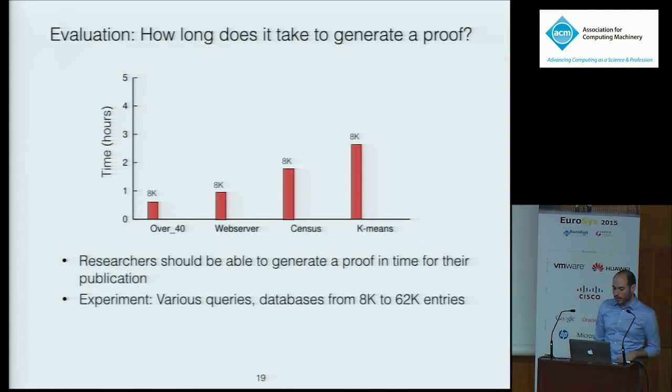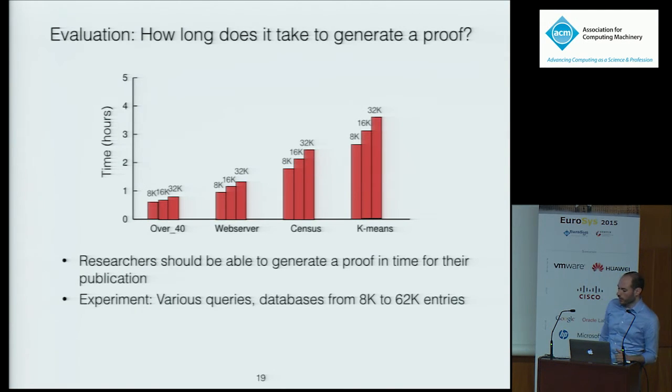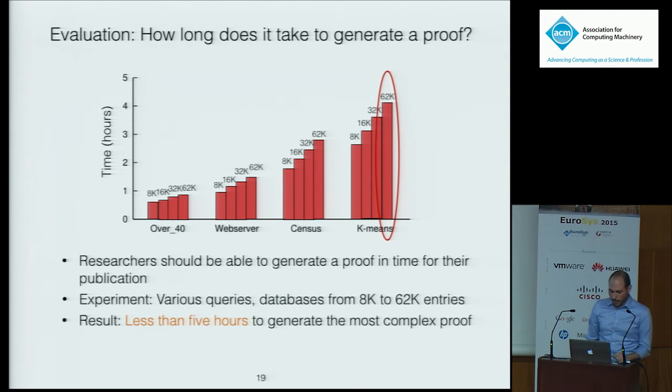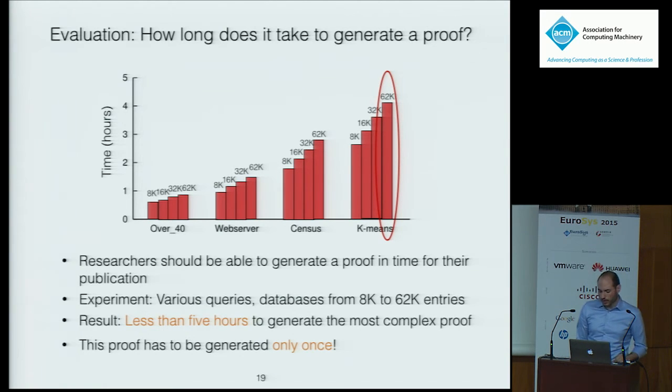This is the required time for several queries and several datasets of varying size, from 8,000 entries to 62,000 entries. We can see that even the largest proof would take less than 5 hours to generate. And you have to keep in mind that the proof has to be generated only once.